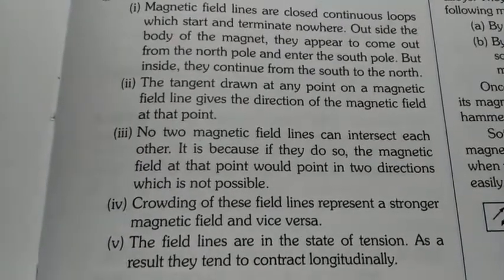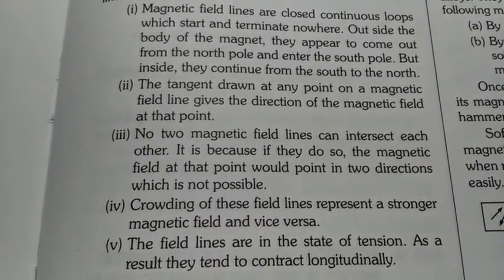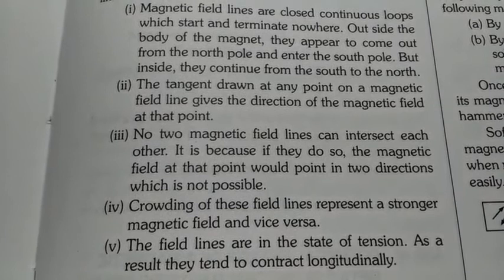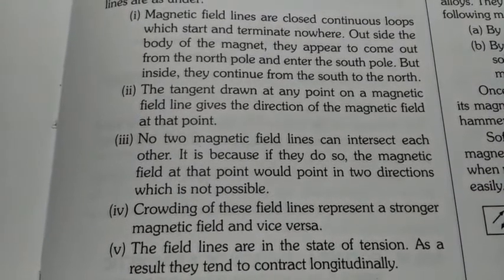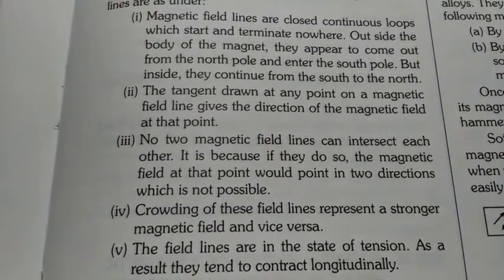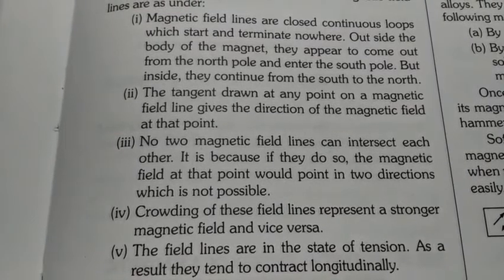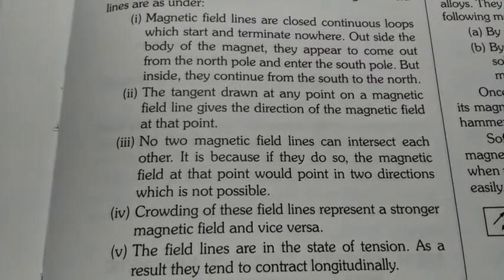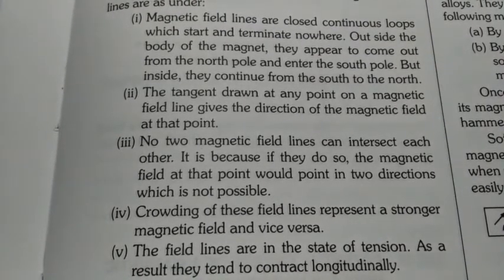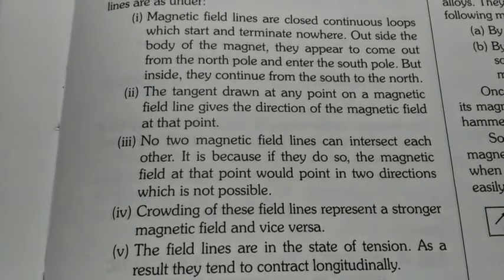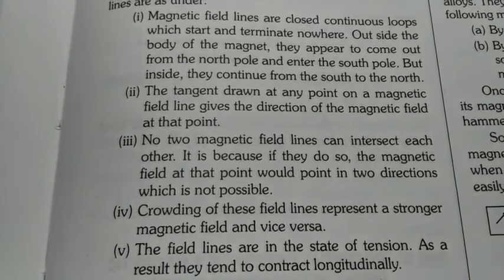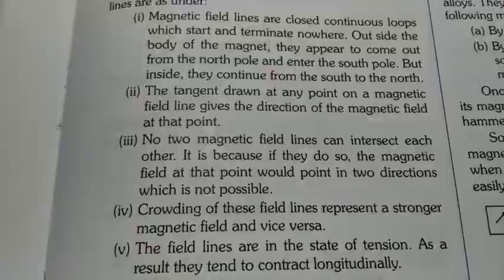So these are the 5 properties of magnetic field lines which you should learn by heart, because in examination any point can be asked in a 1 mark question, and while you solve conceptual problems, these properties will also help you a lot.